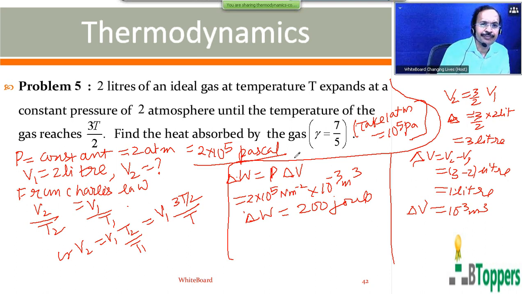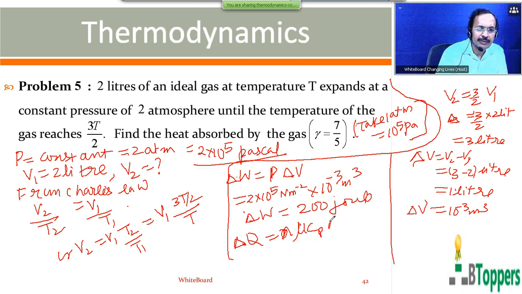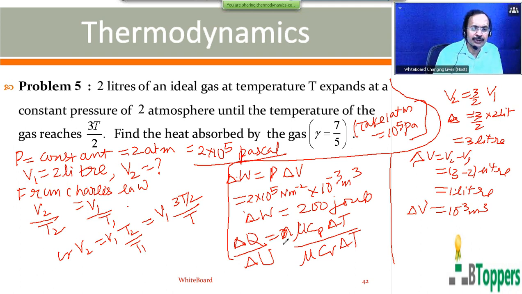When the gas is heated at constant pressure, you can write delta Q equal to nu Cp delta T. And the change in internal energy of the gas in any process is given by the equation nu Cv delta T. So delta Q can be written as nu Cp delta T when the pressure is constant, and delta U can be written as nu Cv delta T. Nu represents the quantity of gas in moles, it gets cancelled.